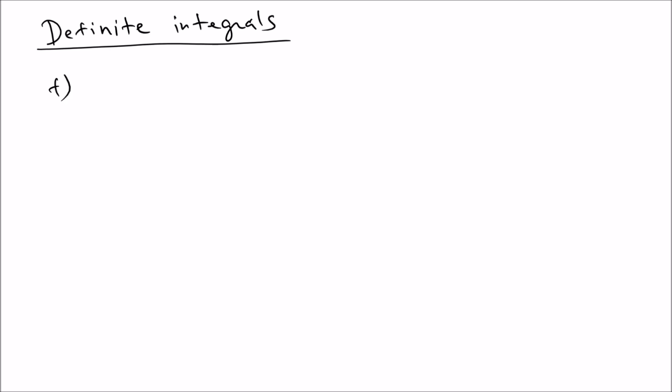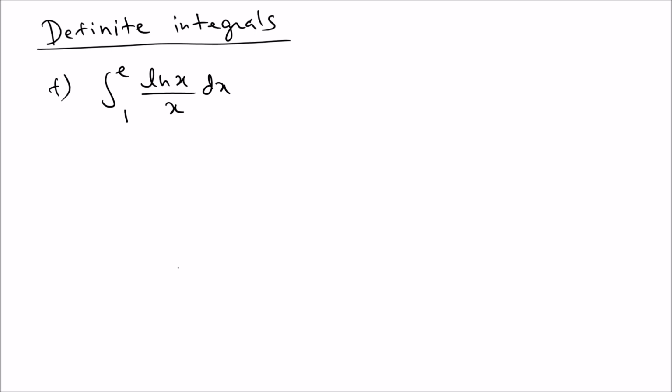So F, let's do the integral from 1 to e of ln x over x. It's a very common problem. Again, look at the inside function, because we need to check the function and the derivative. If you pick the function as ln x, the derivative of ln x is 1 over x, which is there already.